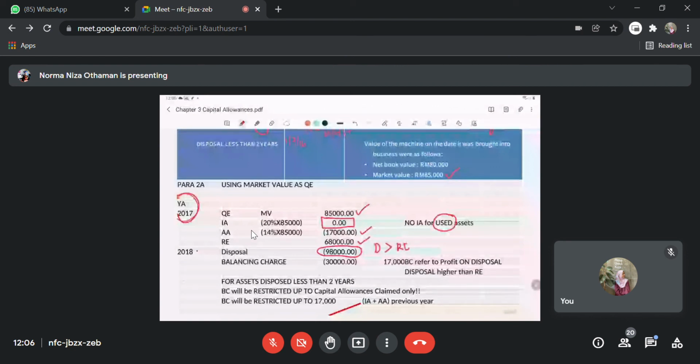In this condition, you will get the balancing charge. You will get a profit. Okay, so when you deduct 68,000, 68 deduct by 98, you get 30,000. Right, so 30,000 is a profit on disposal.